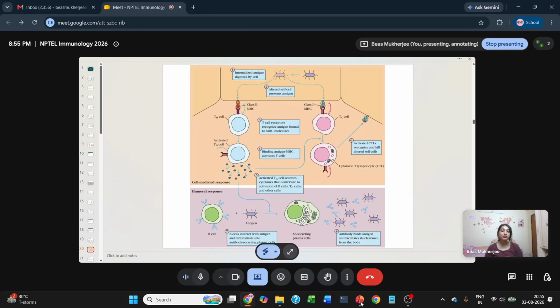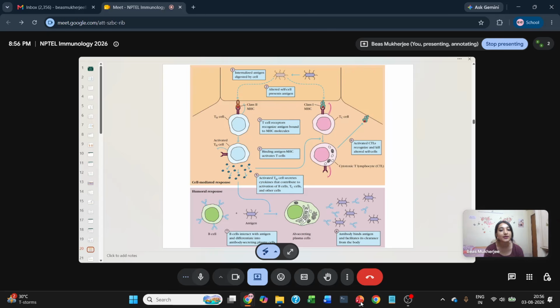So coming to cell-mediated and humoral immunity, if you remember, in cell-mediated immunity, there was this pathogen which was presented by MHC class 2, and this was recognized by the Th cell, and the Th cell got activated. In turn, your T cell receptors recognize antigen bound to MHC molecules.